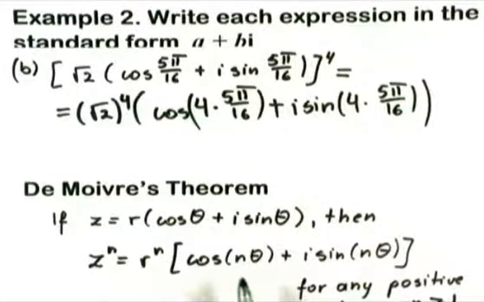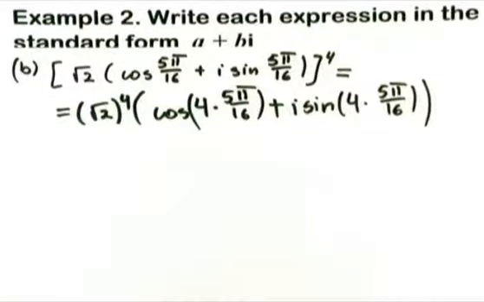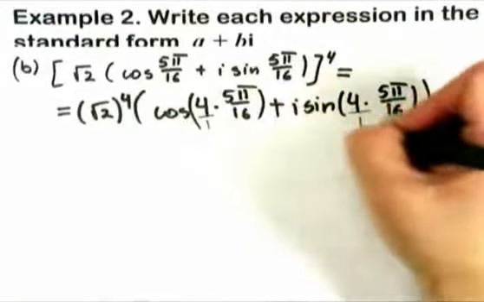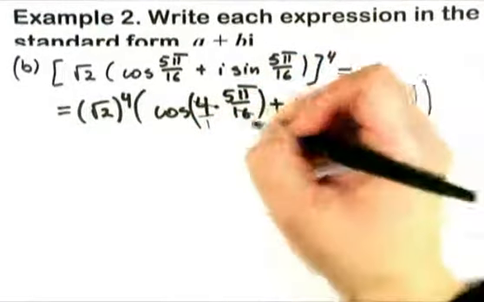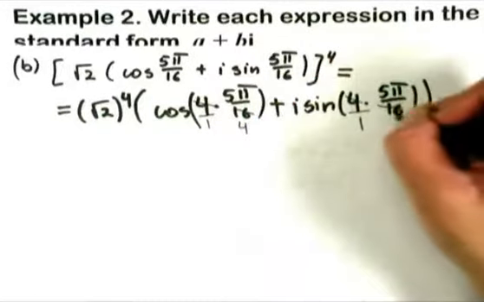We multiply n times the angle. And now we need to work this out. So over 4 is like 4/1. This and 16 cancel out. So this gives me 4.